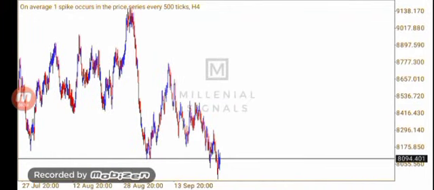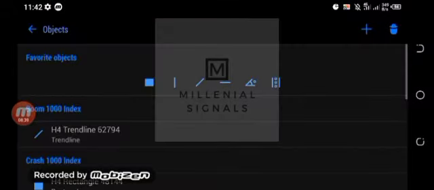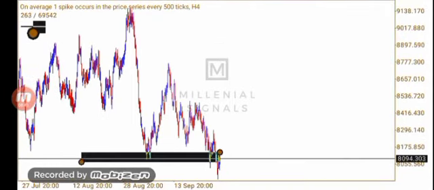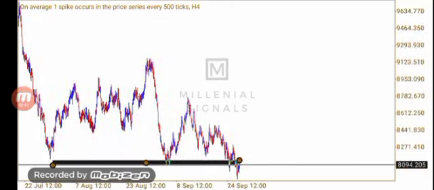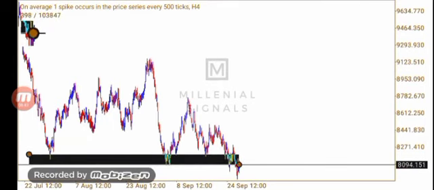So looking at this, I can say this point is an area on the chart where I expect price to move significantly, as you can see.